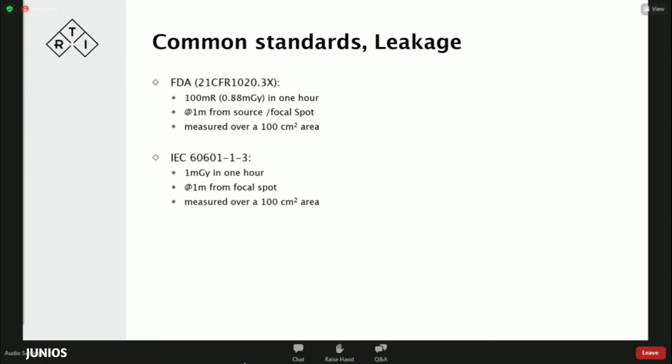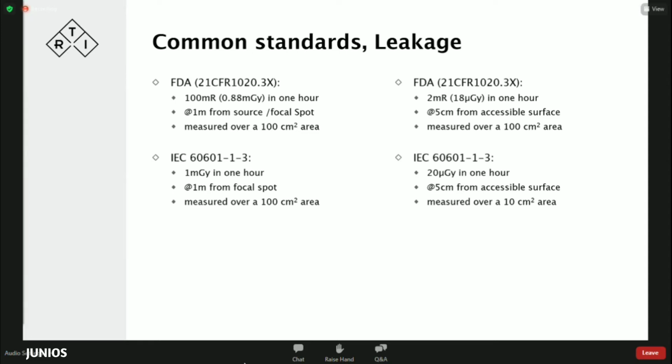What looks different in these two standards are the units of measurement, wherein the FDA requirements are given in 100 milliroentgen in 1 hour, and the IEC standard is given in 1 milligray in 1 hour. There's also a standard that is given for accessible surfaces, and this is measured at 5 centimeters from the accessible surface.